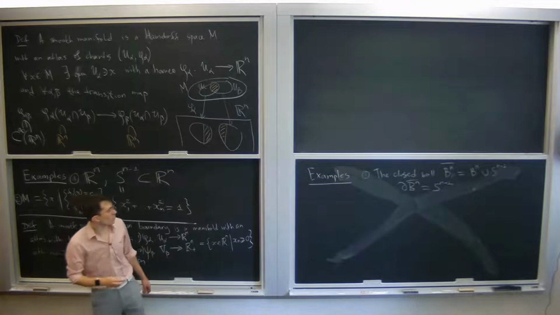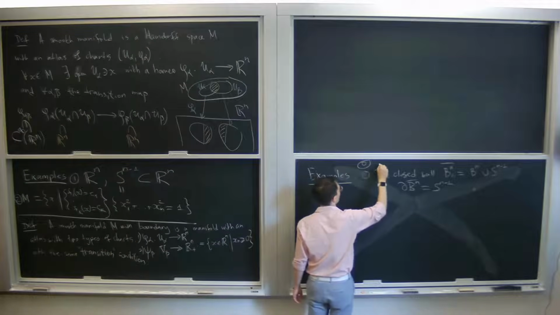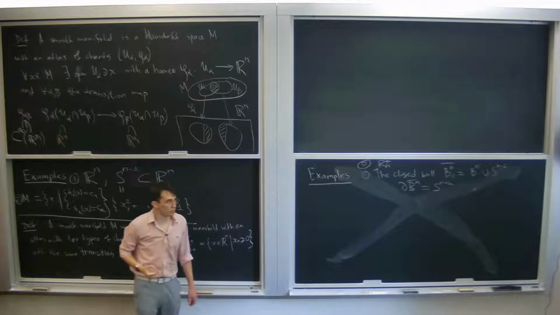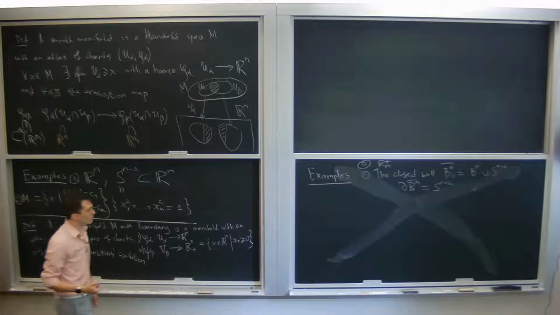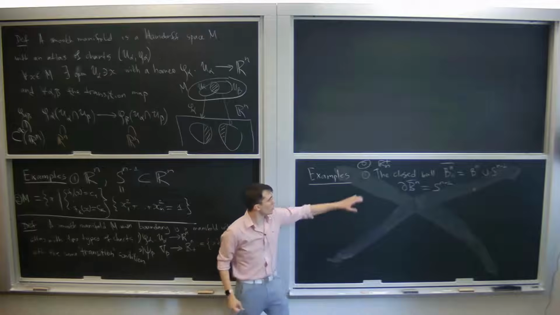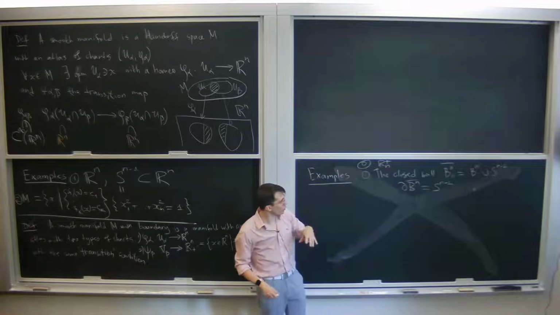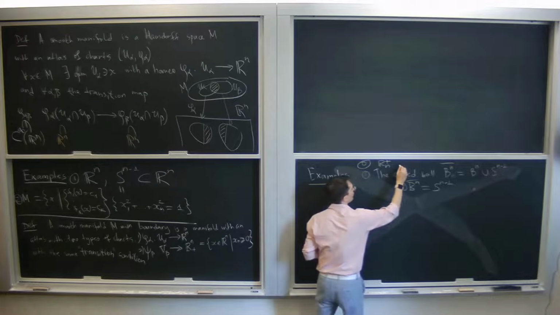The trivial example, example number 0, is just Rn plus. You can take one chart, or if you would like, you can cover all interior points by open balls, and then only for the boundary points, where the boundary is just the hyperplane, right?